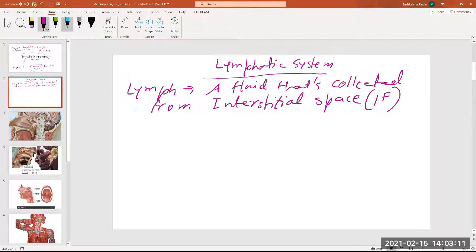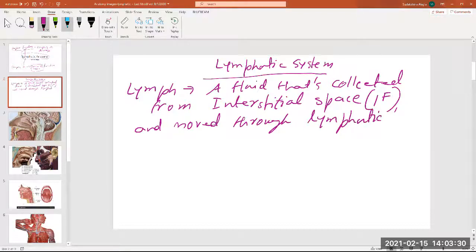When that interstitial fluid is collected from the interstitial space and moved through lymphatic vessels and tissues plus organs.